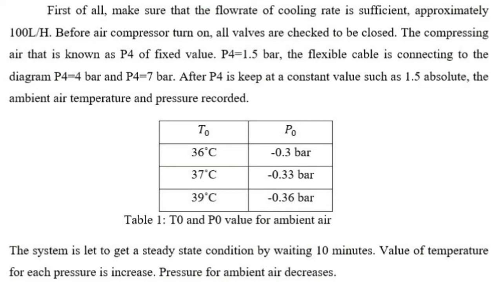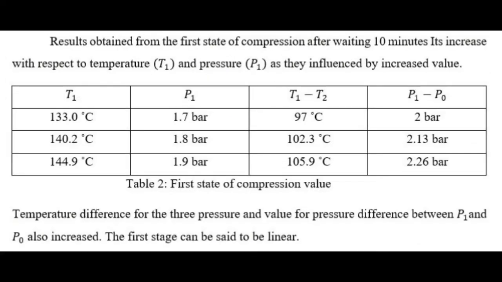The system is left to reach the steady state condition by waiting 10 minutes. The temperature value at each pressure is increased. The pressure of ambient air is decreased. These are the results obtained from the first stage of compression after waiting 10 minutes.